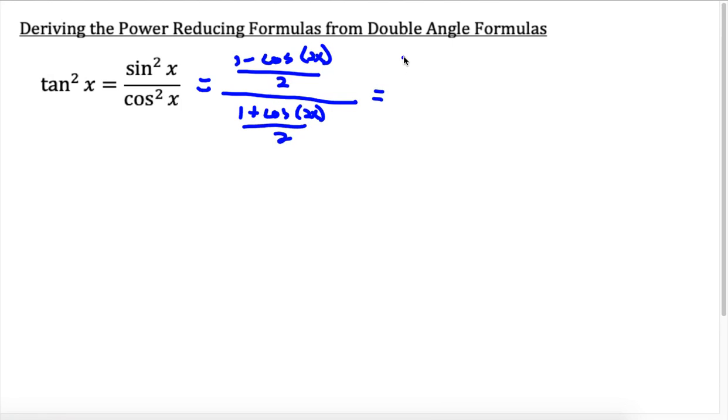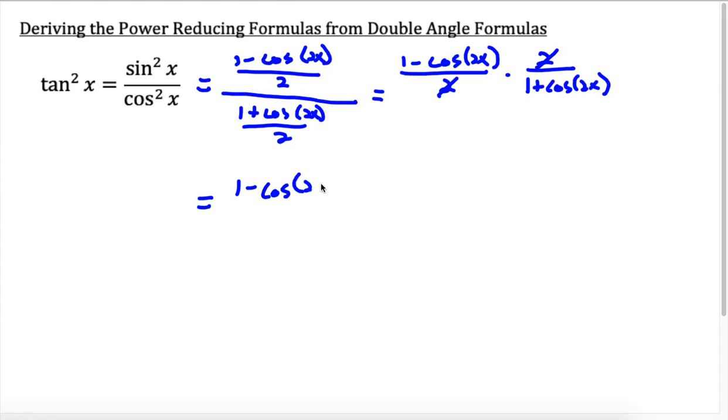So I can rewrite this as a multiplication problem, multiplying by the reciprocal. So this would be times 2 over 1 plus the cosine of 2x. The 2's will cancel, and this just becomes 1 minus the cosine of 2x over 1 plus the cosine of 2x.